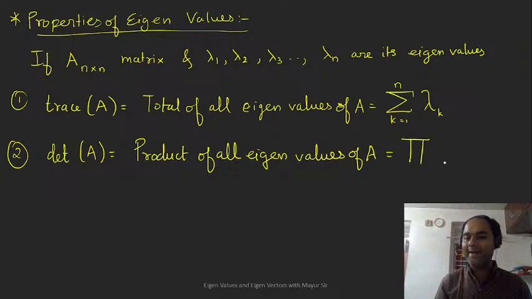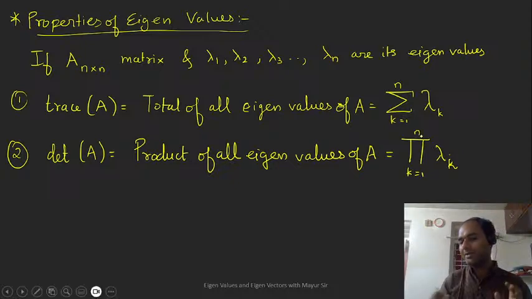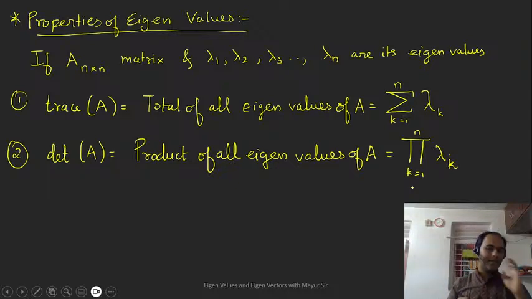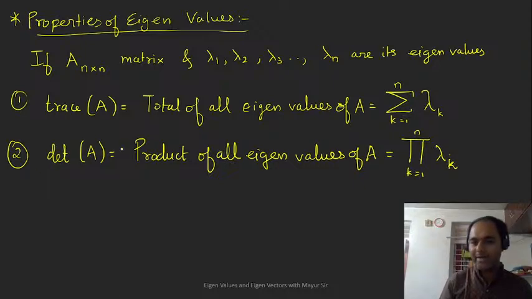Pi of lambda k, with k going from 1 to n. This is the notation, so don't get scared of it. You can remember the English version, and the mathematical notation for the determinant of A is just a formula that looks a little bit fancy.